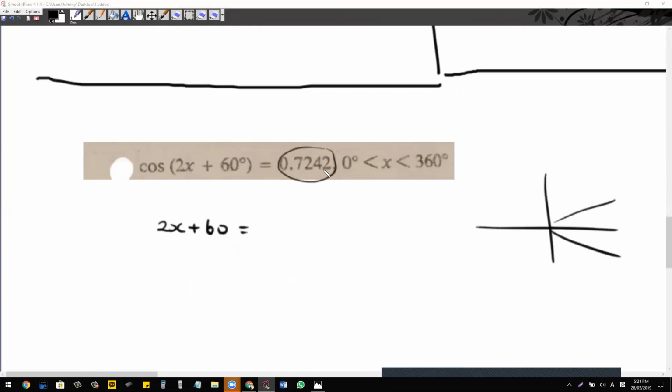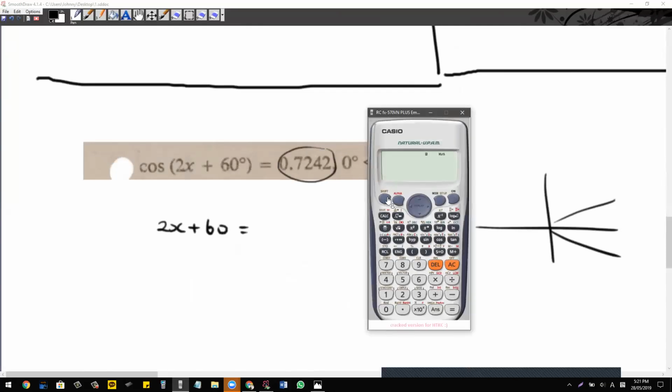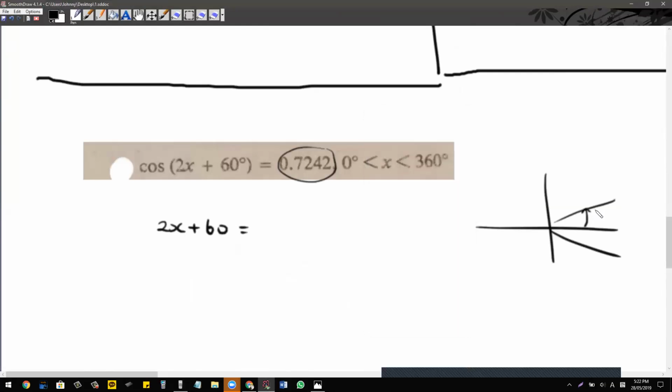So what we need to do is just take calculator and put it in degree mode because that's all in degrees. Go for degree mode and then go for inverse cos of 0.7242. And what that gives us is 43.6 degrees there. That's 43.6 degrees. And this is negative 43.6 degrees.